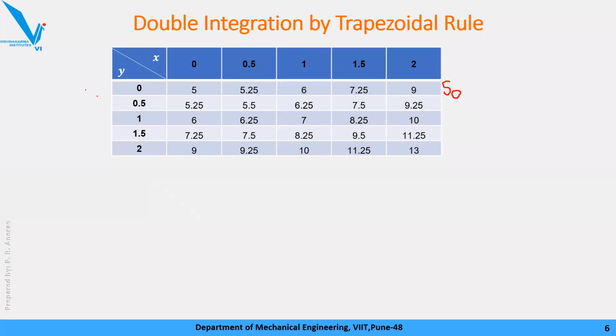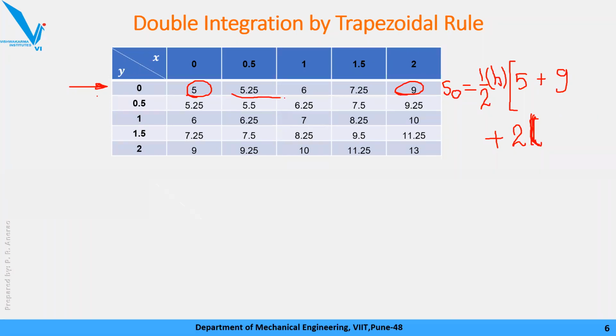Focus only on row number 1 and leave the rest of the table. If you want to calculate S0, apply the trapezoidal rule: 1/2 times h, where h here is 0.5, into the first value, that is 5, plus the last value in that row, that is 9, plus 2 times the summation of the remaining values from that table.